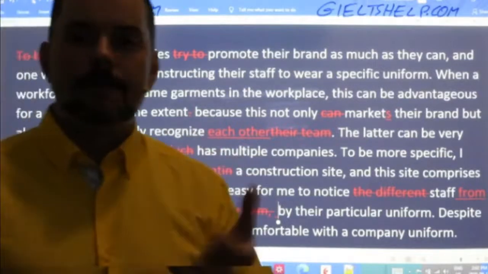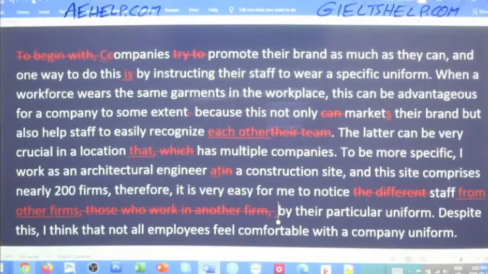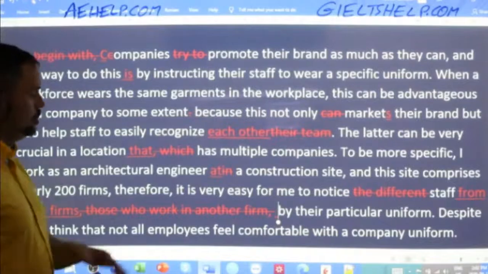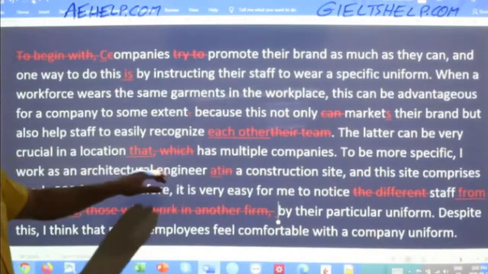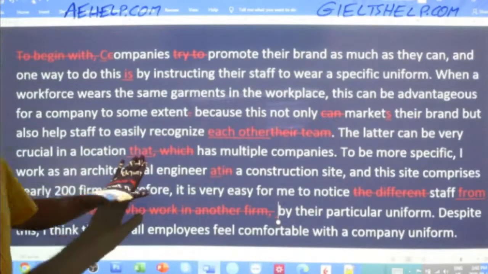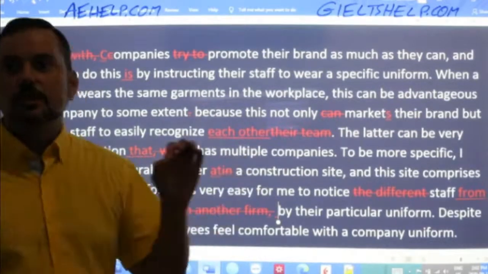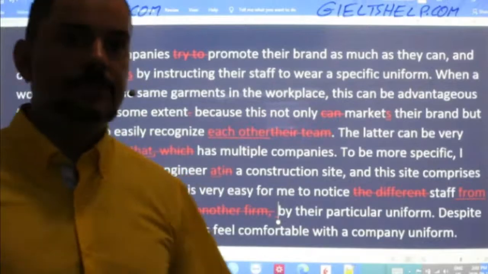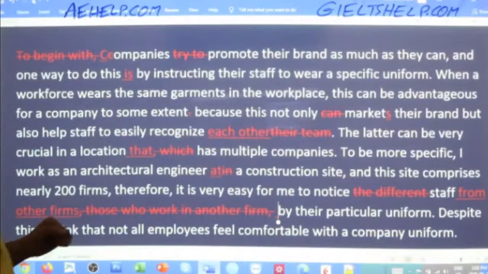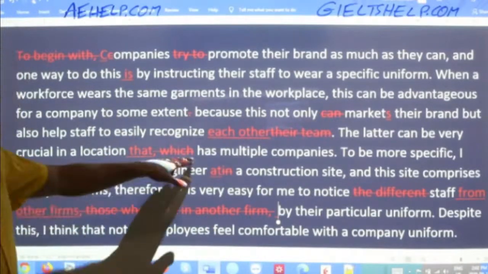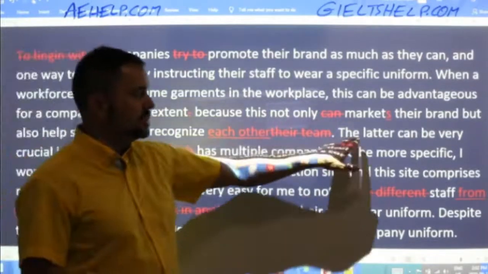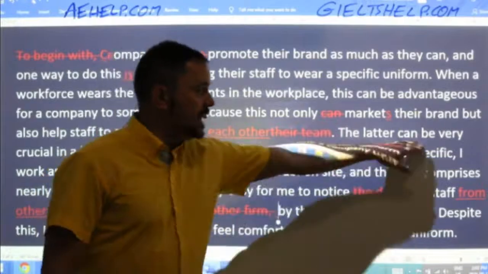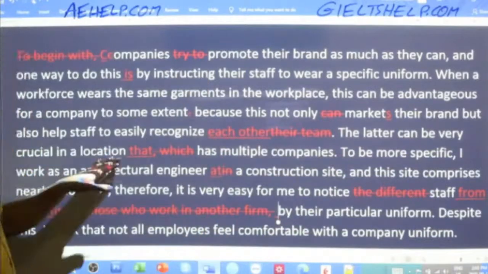It's the opposite, Rajveer. It's a restrictive clause, okay? So you use "which" when it's a non-restrictive clause, and you use "that" when it's a restrictive clause. So this is a restrictive clause, okay? What that means, students, is that this information here is needed to understand this beginning. So the latter can be very crucial in a location.